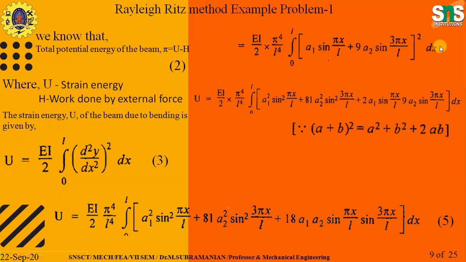Using this formula we expand the term: a1² sin²(πx/L) plus 81 a2² sin²(3πx/L) plus 2ab, so 2 into a1 sin(πx/L) into 9 a2 sin(3πx/L), dx. Simplified, U equals EI π⁴/L⁴ integration from 0 to L of a1² sin²(πx/L) plus 81 a2² sin²(3πx/L) plus 18 a1 a2 sin(πx/L) sin(3πx/L) dx. This is equation number 5.